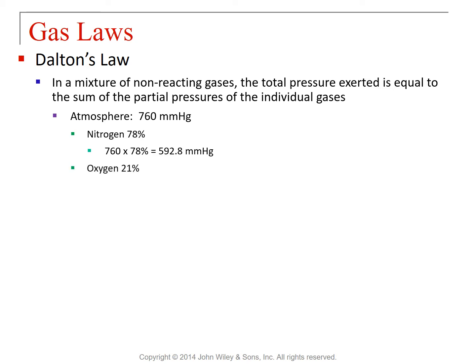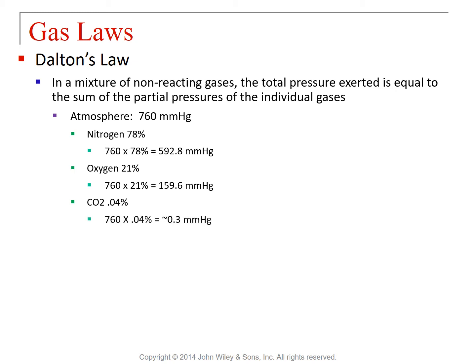Our atmosphere is 21% oxygen. And what is 21% of 760? That's going to be 159.6 millibars. If we round it up, it would be 160. That is our partial pressure of oxygen in the atmosphere. Now, if we take a look at our other major respiratory gas, CO2, it's 0.04% of the atmosphere. And what is 0.04% of 760?